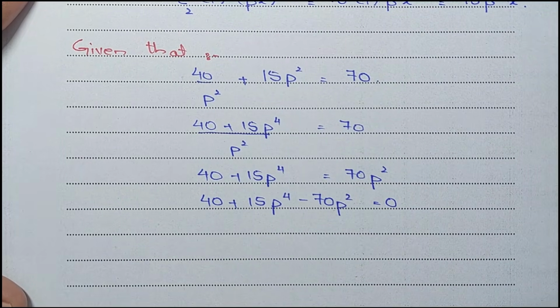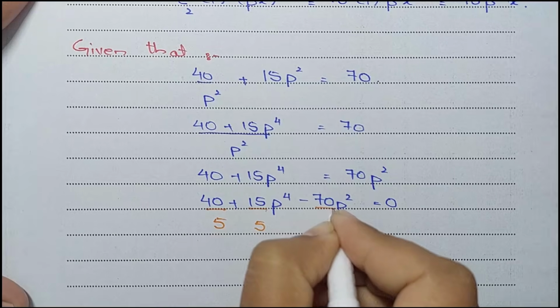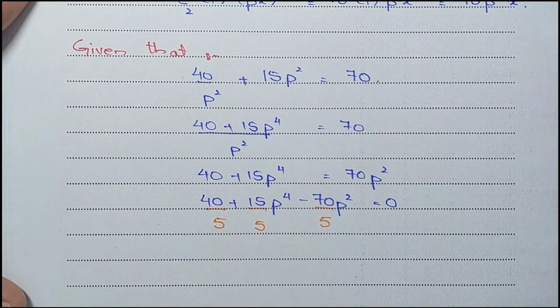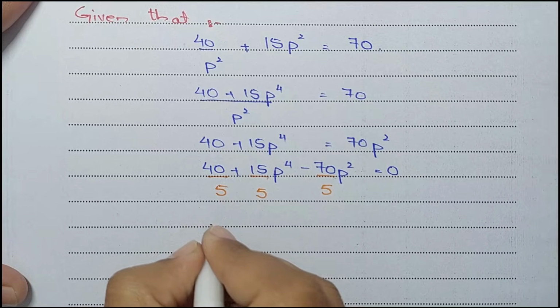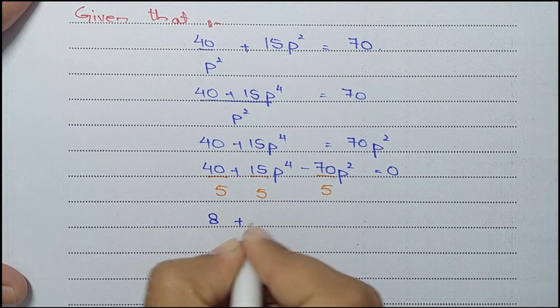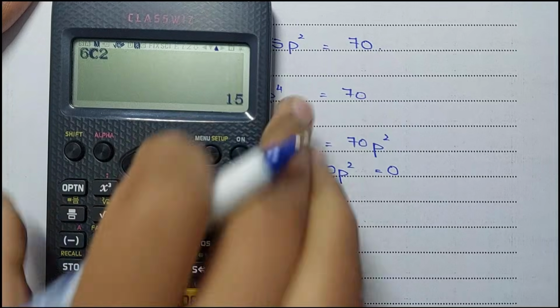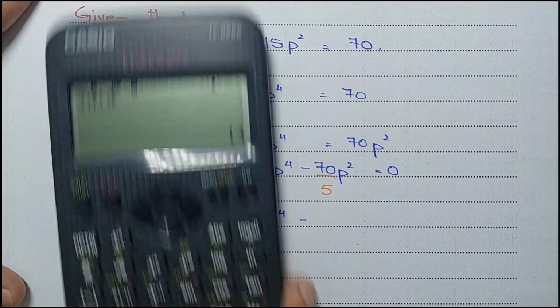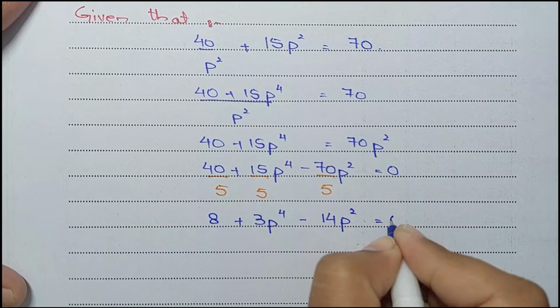Okay, so now all the terms are divisible by 5 as well. Dividing by 5, we have 5 times 8 is 40, 5 times 3 is 15, and 70 divided by 5 is 14p square. This is equal to 0.